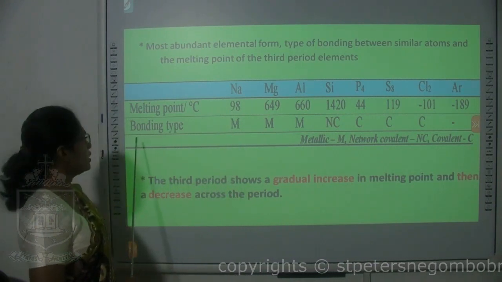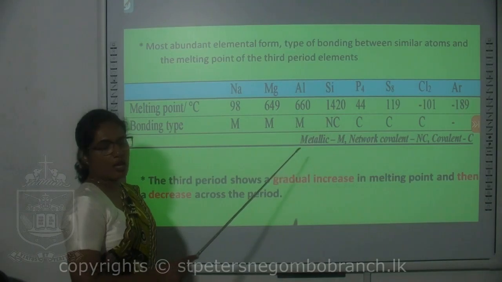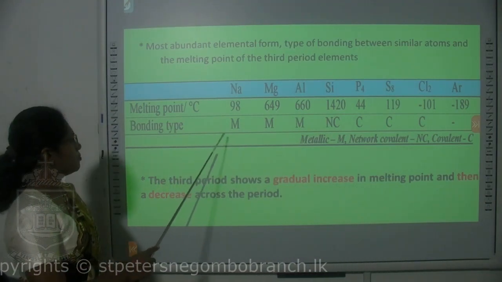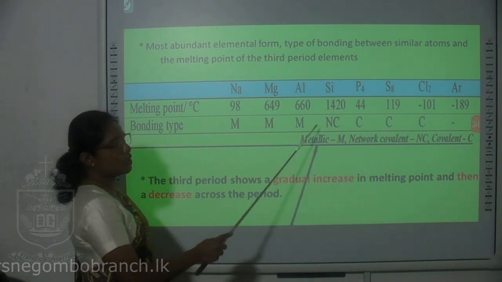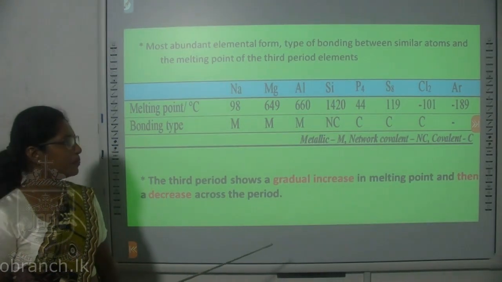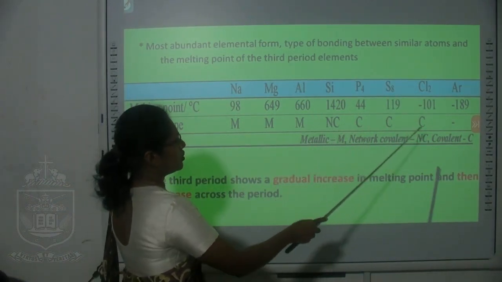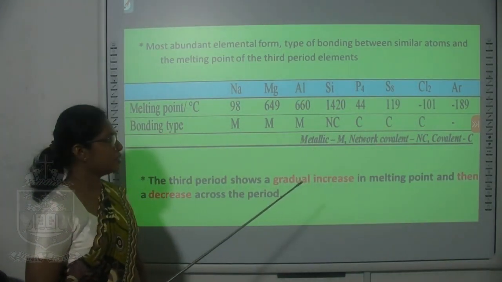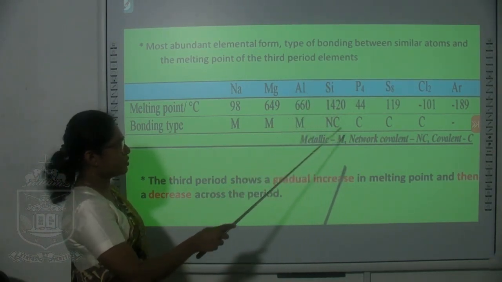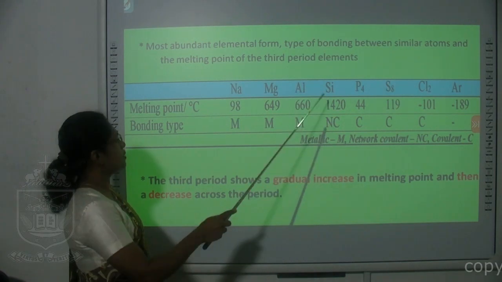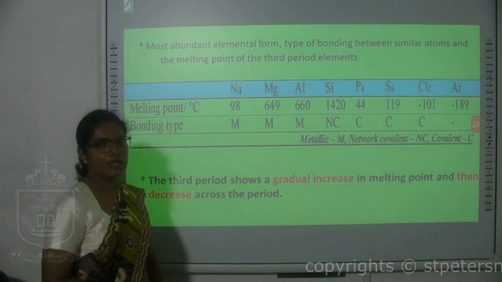If we check the bonding type, sodium, magnesium and aluminium show the metallic bonding type, silicon shows the network covalent bonding type, and after that the other elements show the covalent bonding type. So here silicon shows the highest melting point, and it also shows the network covalent bonding type.